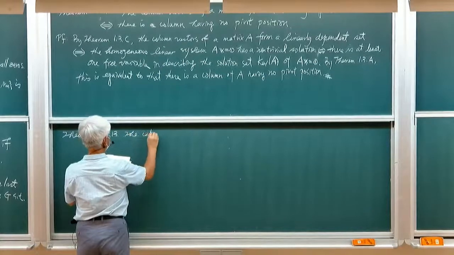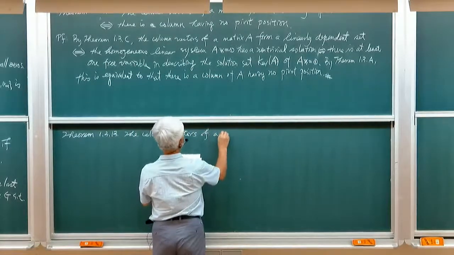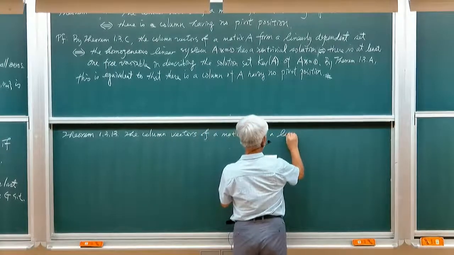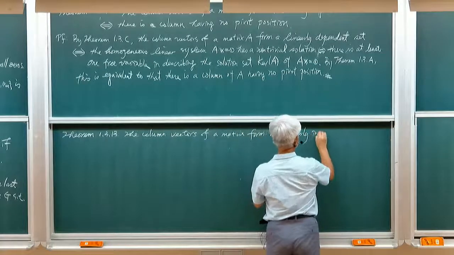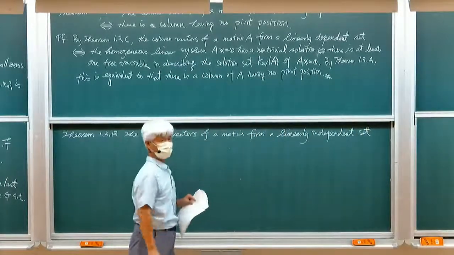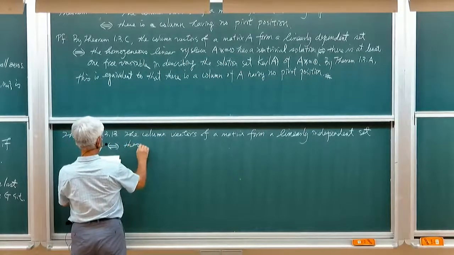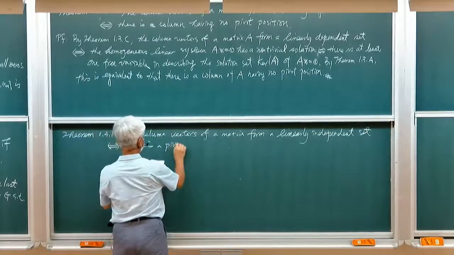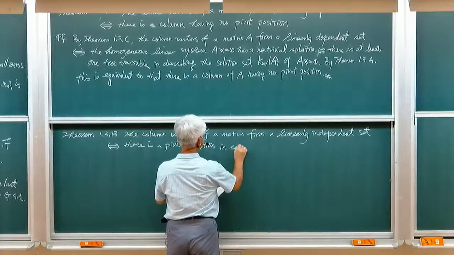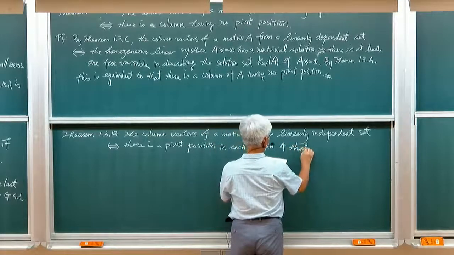The column vectors of a matrix form a linearly independent set, so this time, if and only if there is a pivot position in each column of that matrix.